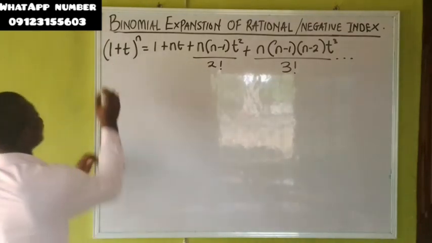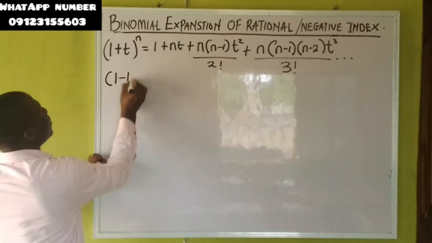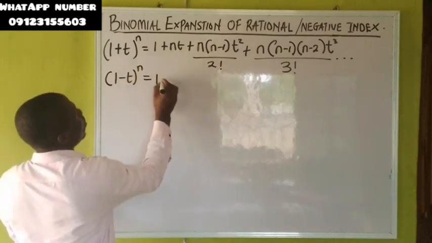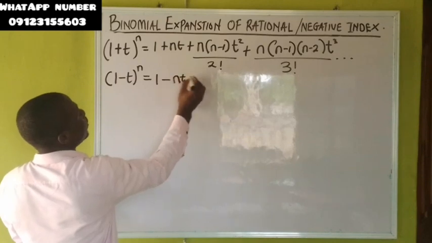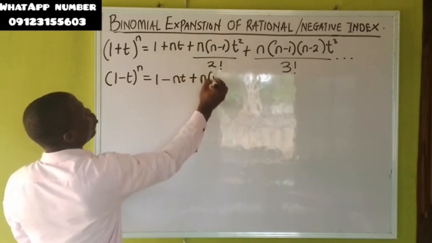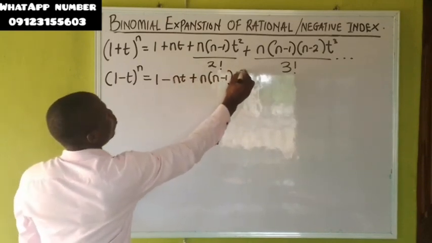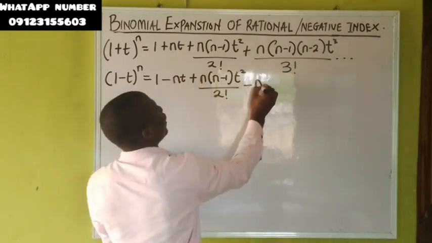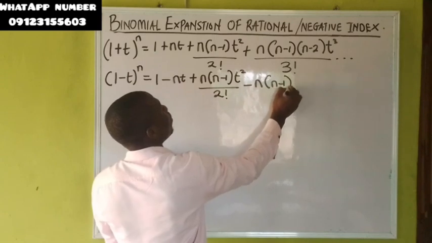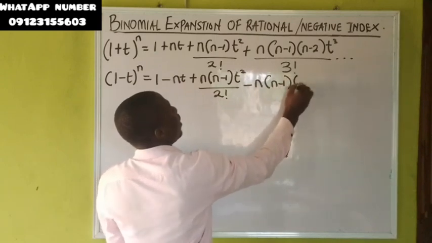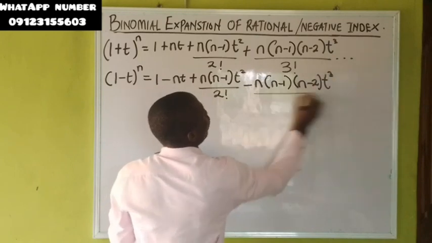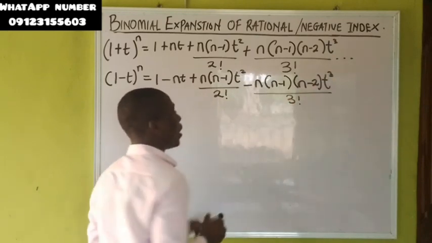For the negative, 1 minus t to the power of n is equal to 1 minus nt, plus n into n minus 1 t squared over 2 factorial, minus n into n minus 1 into n minus 2 t cubed over 3 factorial.